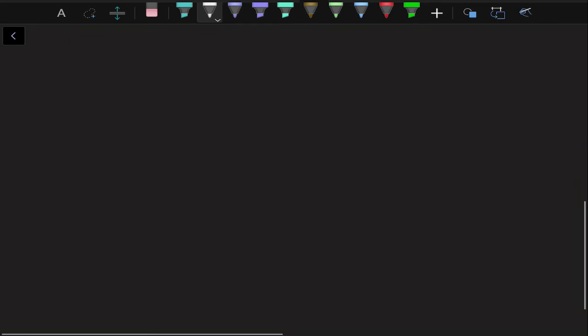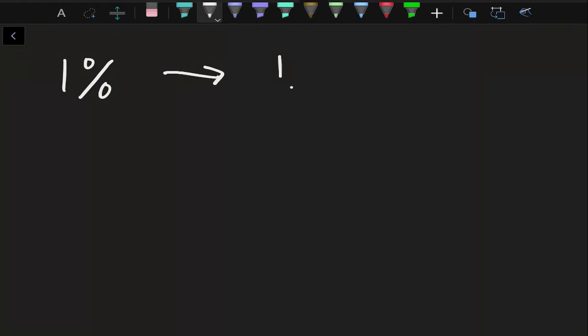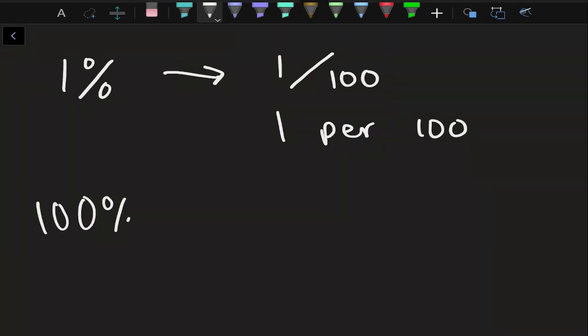Now, if I were to show you something like 1%, this actually means 1 per 100. If we had 100%, this means all.